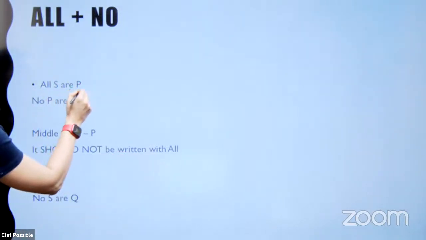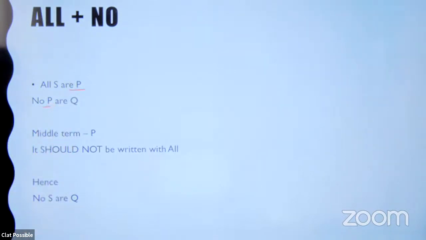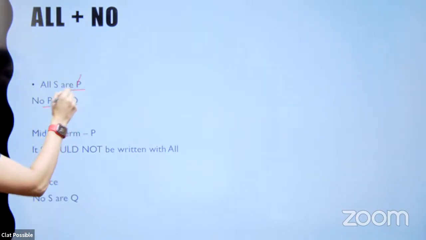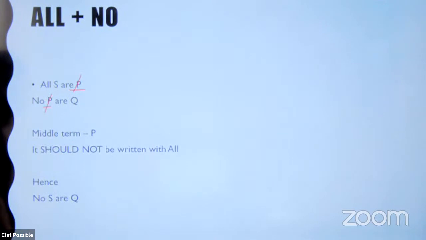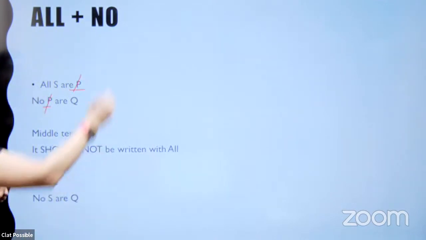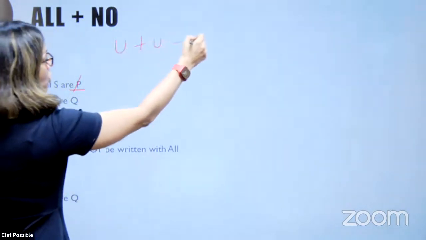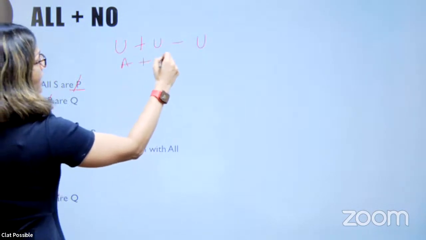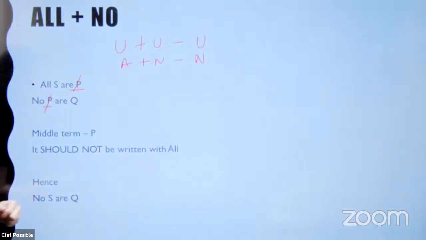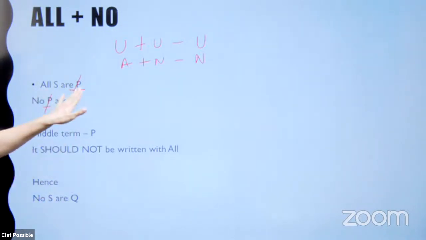So the rule is that P should be the predicate of "all" for a no answer. What is the rule? U plus U gives U and A plus N gives N. So for a UN answer, which is a no answer, the middle term has to be the predicate of "all".